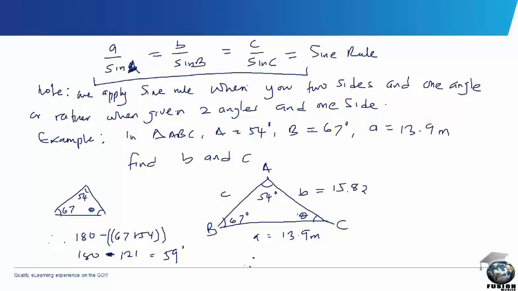So we have an angle for C. Whenever you are given two angles, you can quickly find the missing angle, since the total angles in a triangle is 180 degrees, by subtracting the given angles from 180. So angle C is equal to 59 degrees.